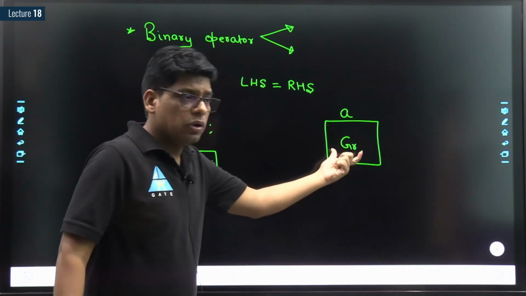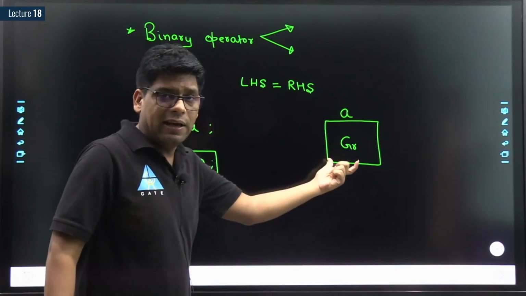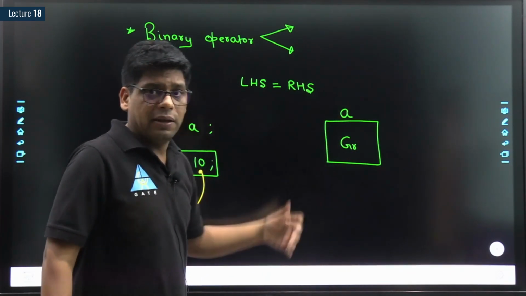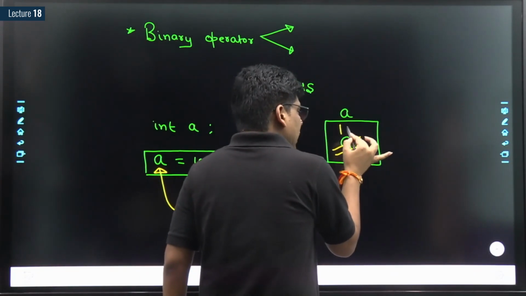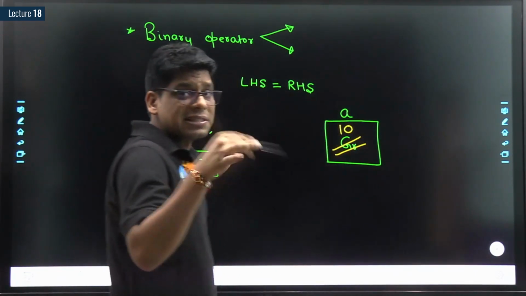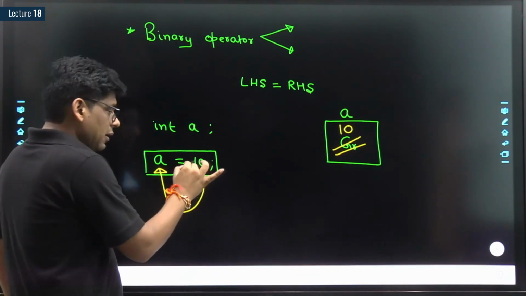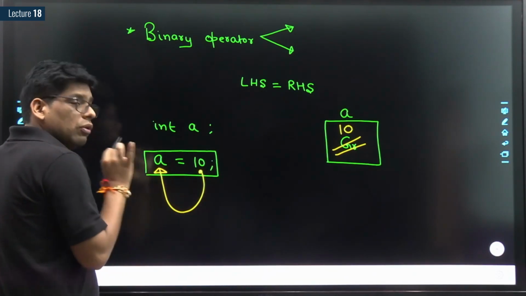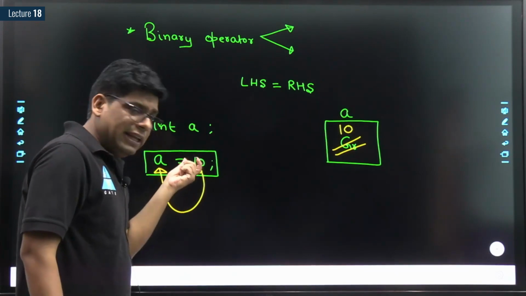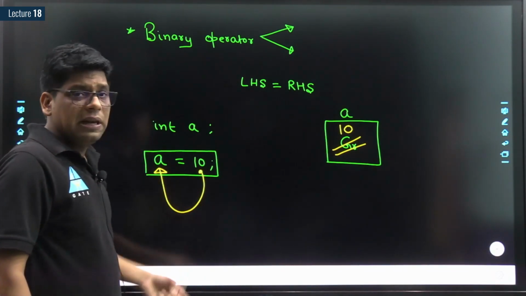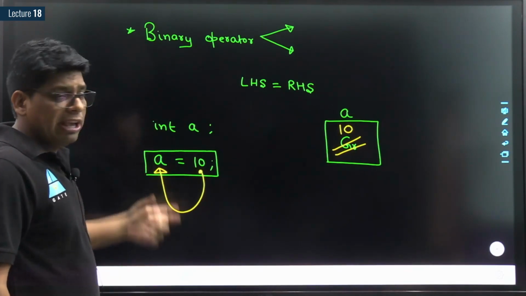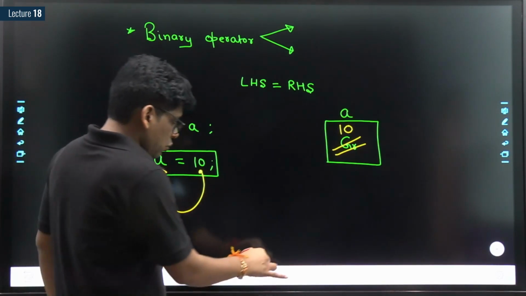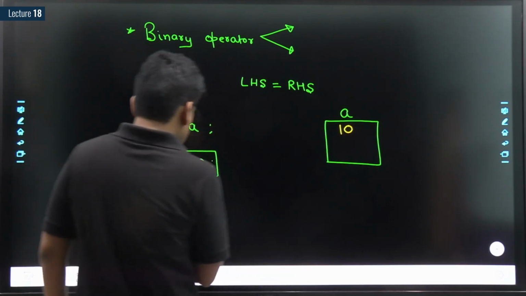Whatever value is there in variable A, we are trying to update this value to 10. We are assigning the new value to variable A. We are updating the content of A. Try to understand.